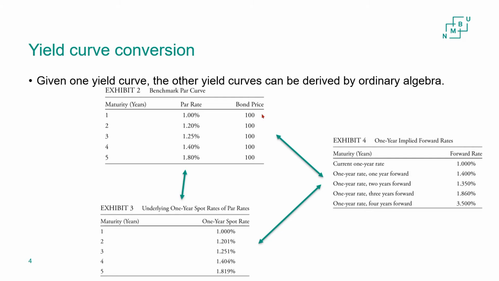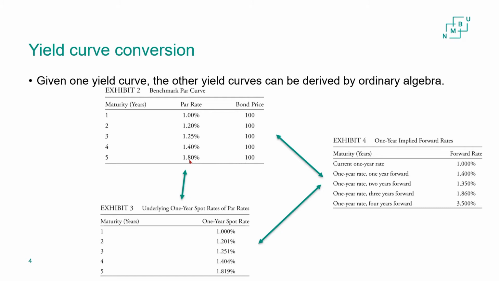Okay, so what you do is that you find the maturity of your bond, and you find the par rate of your bond, and this is actually the coupon rate you have to put on your bond for this bond to be sold at par value.